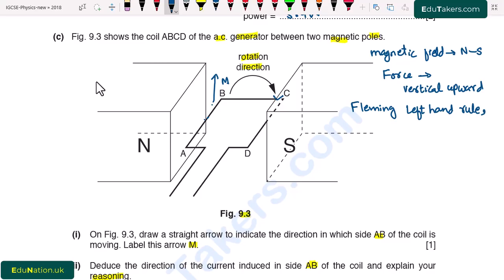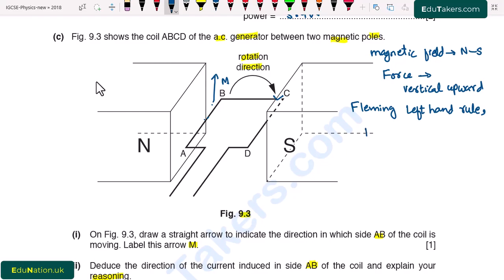According to this rule, if I put the thumb, forefinger and middle finger of my left hand mutually perpendicular to each other, so that the forefinger points out the direction of magnetic field while the middle finger points the direction of current, then my thumb will indicate the direction of force.